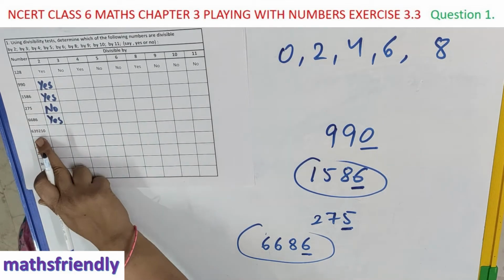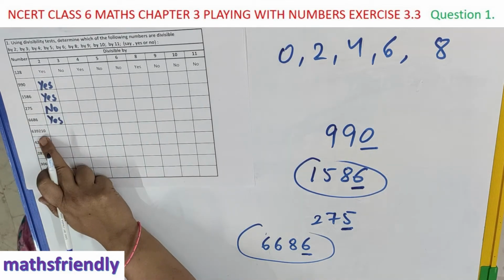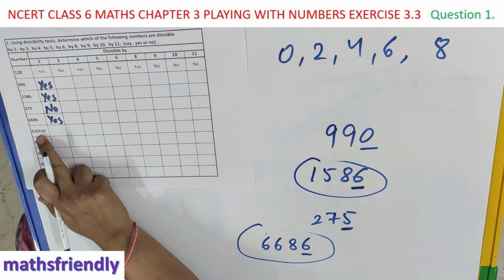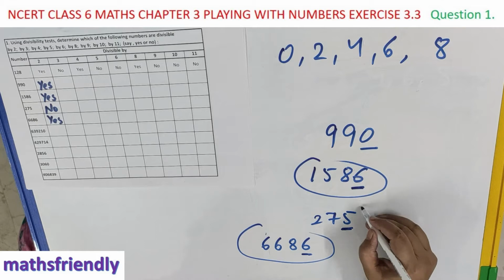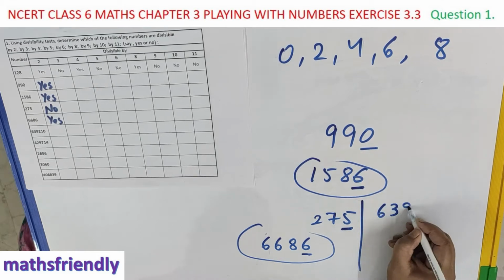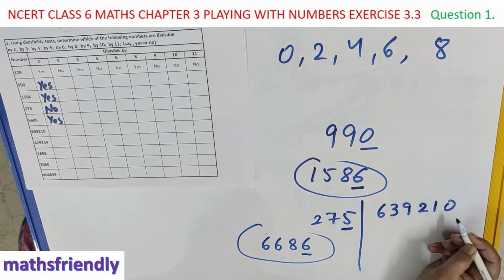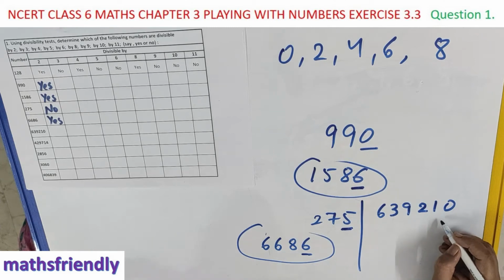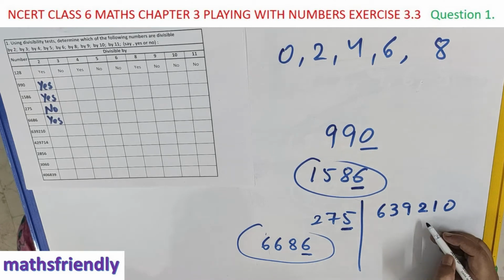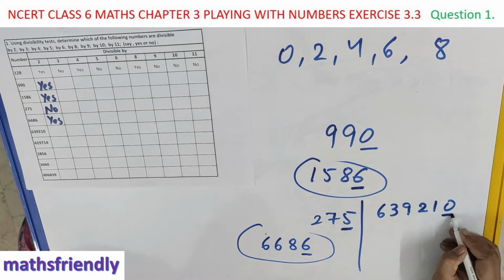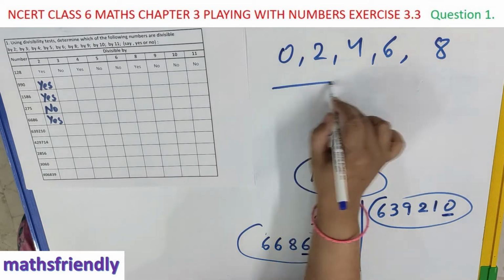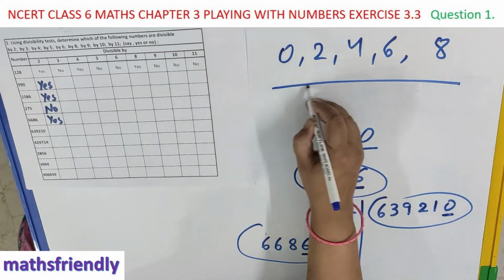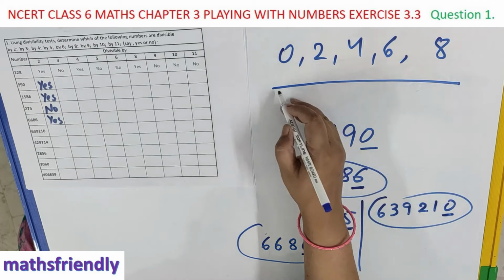Now what is this next number? This next number is 639,210. The units place of this number is 0, so this number is divisible by 2, because this is the criteria for the divisibility of a number by 2.